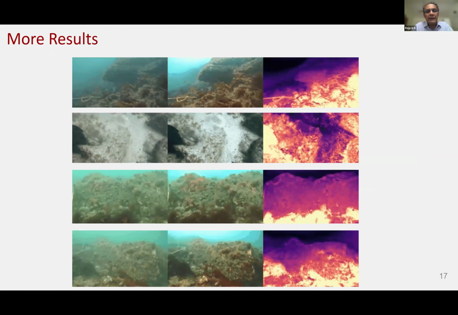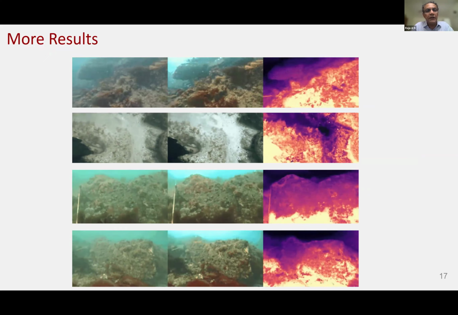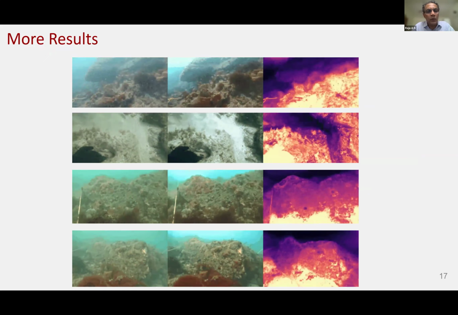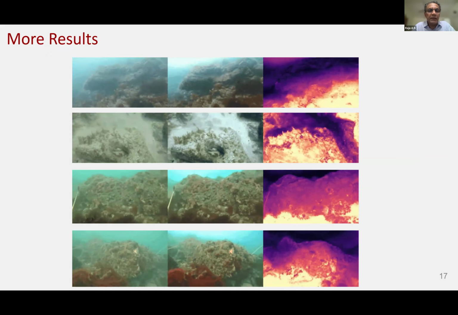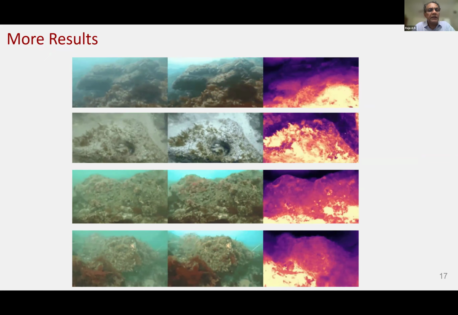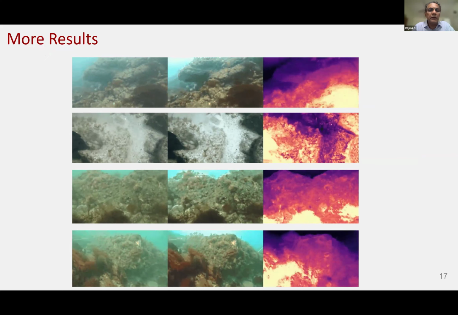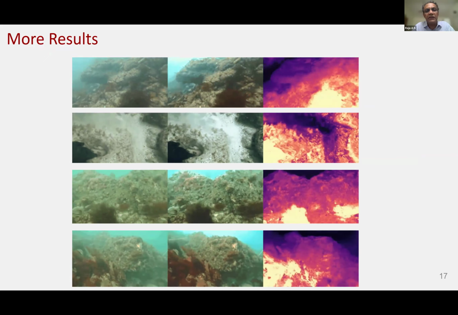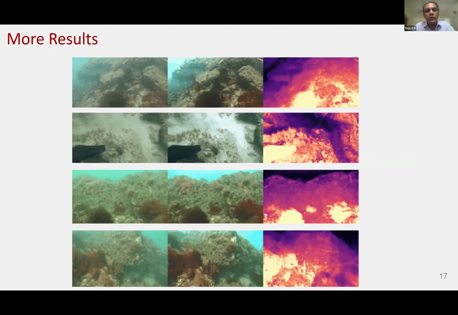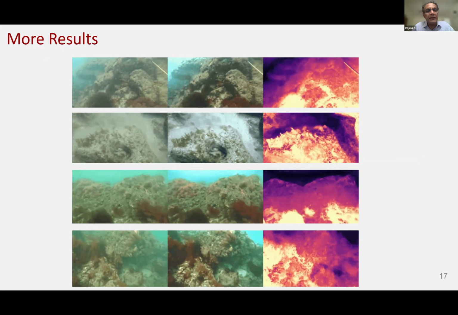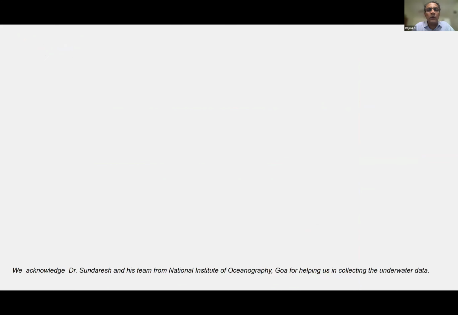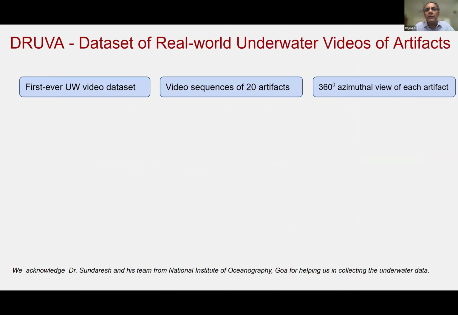And then some more outputs right here. These are all videos that are available if you go to the DRUVA website, where you can just fill up a requisition form and download the data, which is about 1.5 GB. It will have about 20 videos of 20 artifacts, and you can build your own algorithm. So this is what DRUVA has.